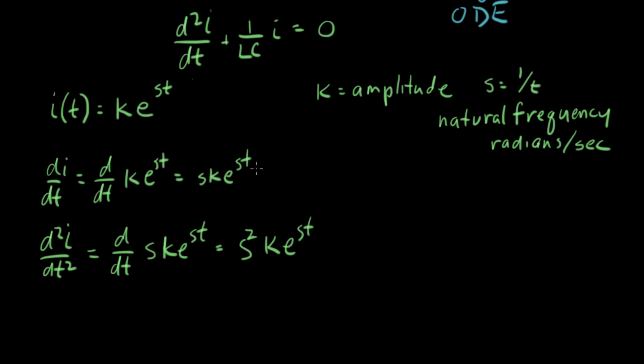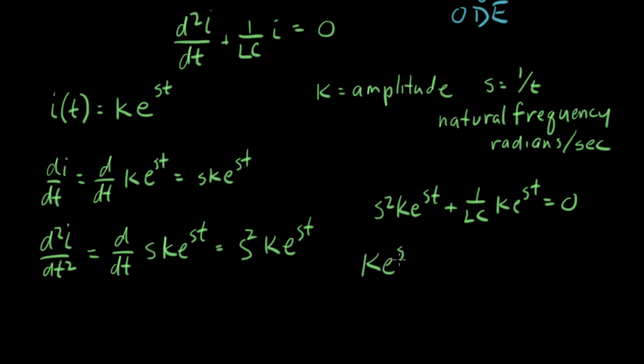We can plug that in here. So the equation becomes s squared k e to the st plus 1 over LC times k e to the st equals 0. Let's do a little factoring. There's a common term here, k e to the st. Let me factor that out.